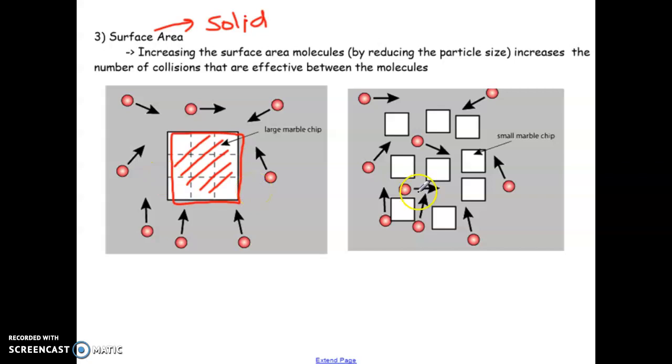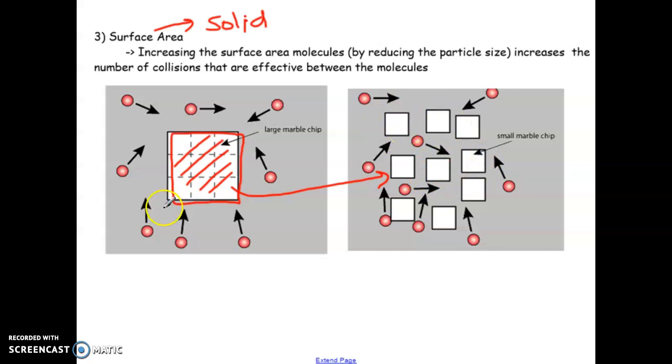But if you were to make the particles smaller, so let's say we took that marble piece and we crushed it up into small little chunks, the reaction can now happen faster because there's more marble exposed on the outside.